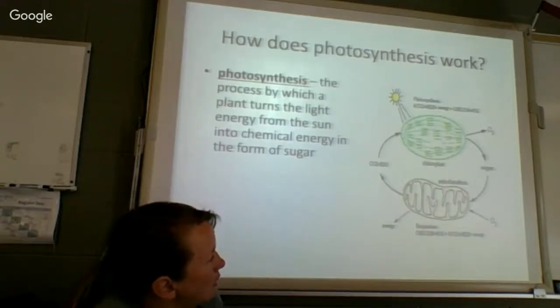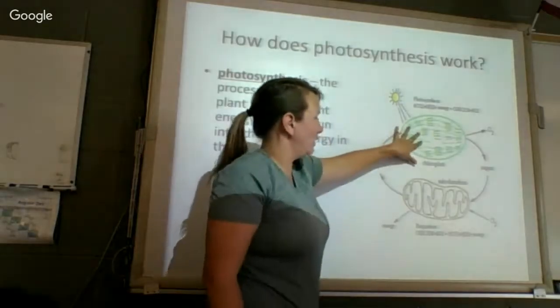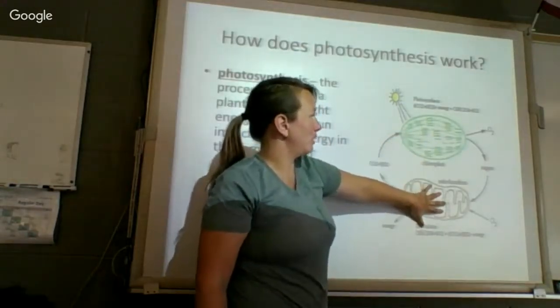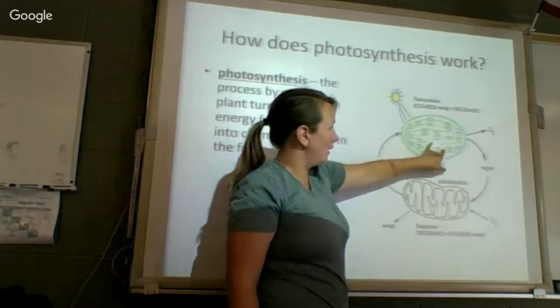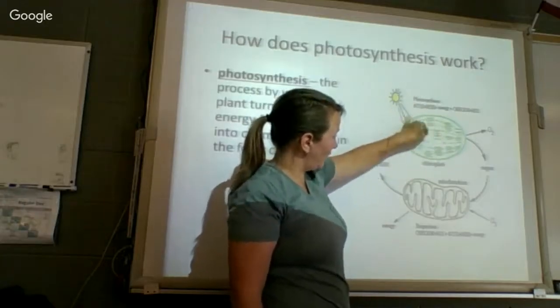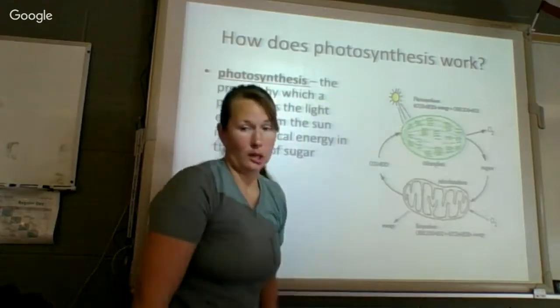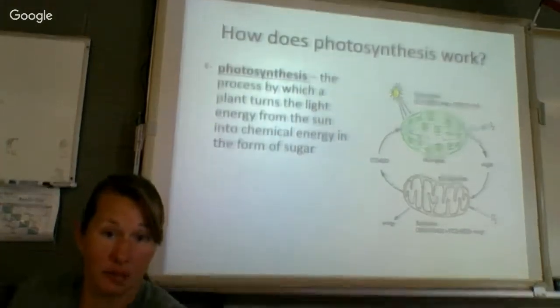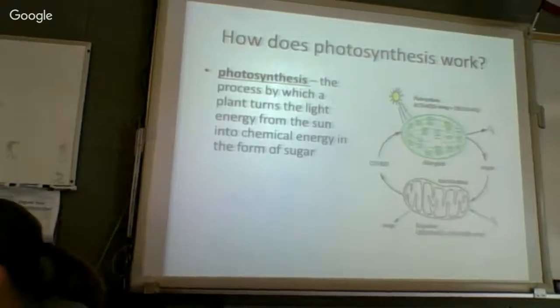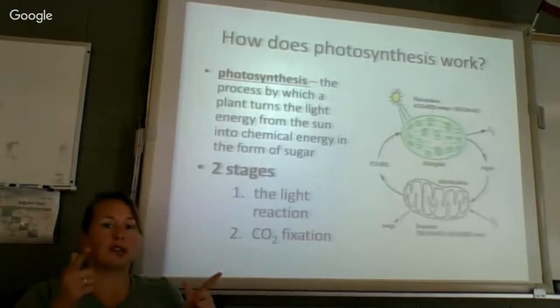You can see CO2 and H2O coming in from this organelle down here, which we'll talk about in a second. The organelle takes in the light, and what's coming out is our sugar and our O2, and there is a little bit of water that comes out too. That's not in the diagram. So that's the definition of photosynthesis. Make sure you write that down.